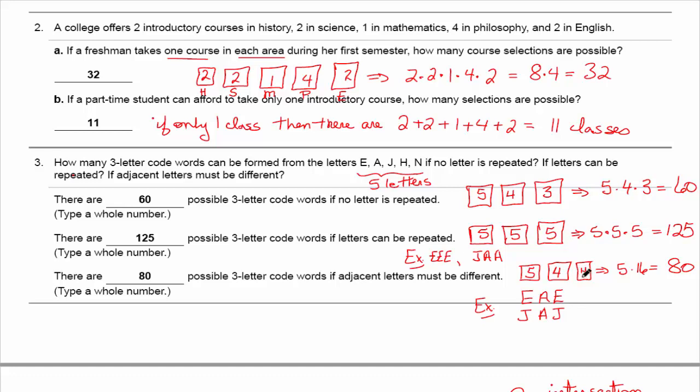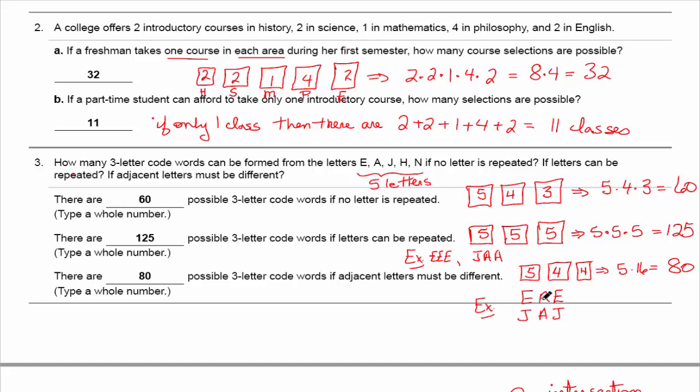Now, what about this last position? You might think at first, why isn't this a 5? Well, let's see. For example, if I picked this E, one of my 5, there's only 4 left, and A could be one of them. So now picture there's an A here.